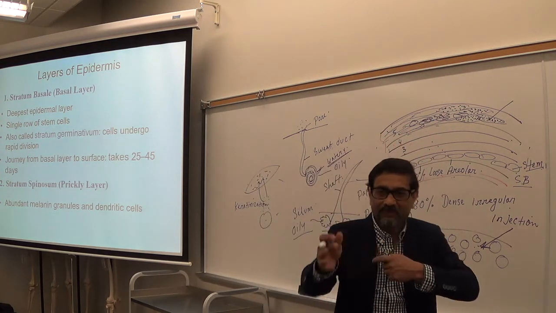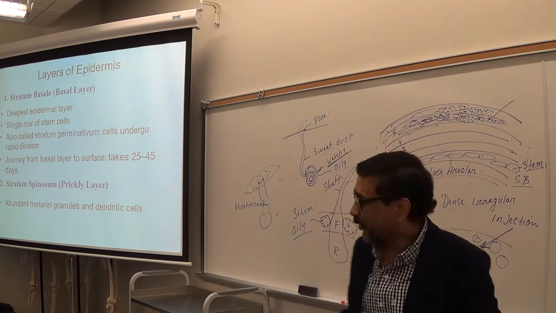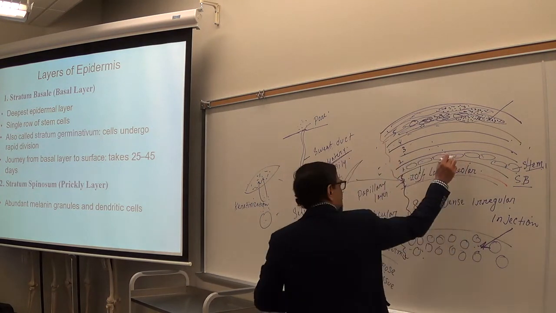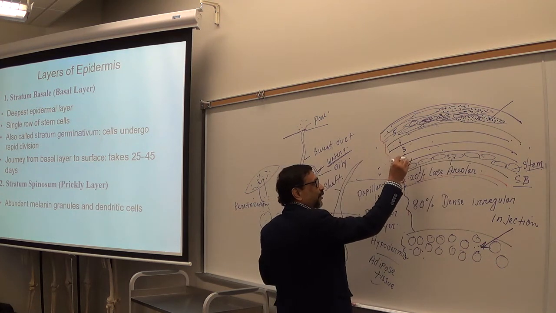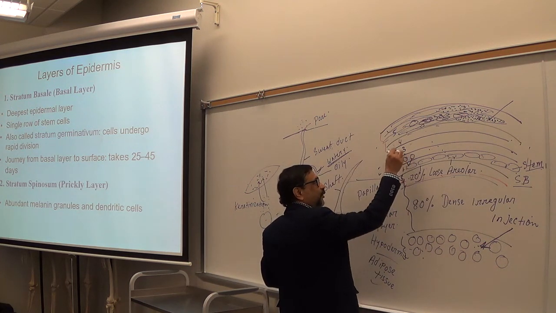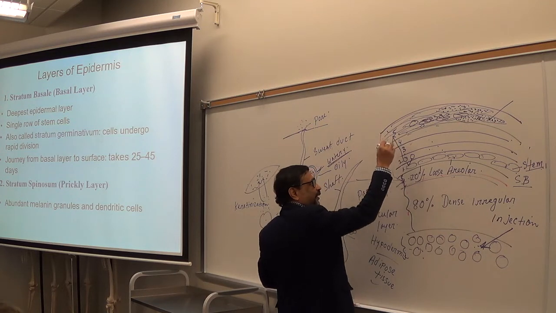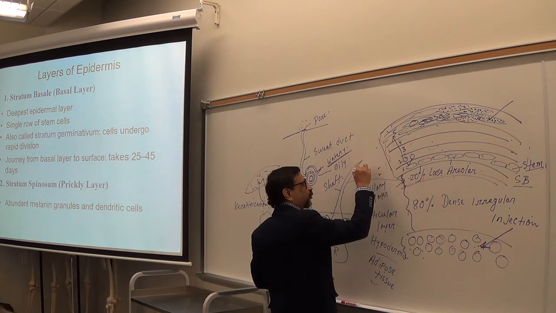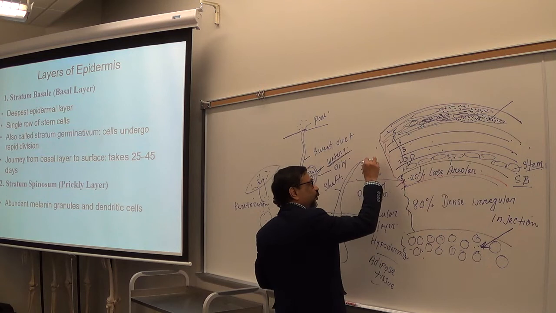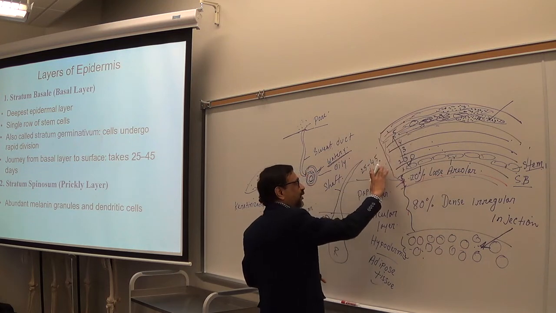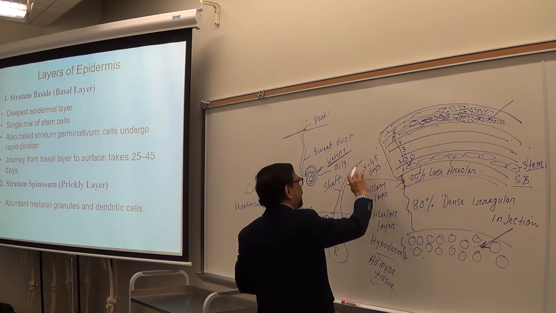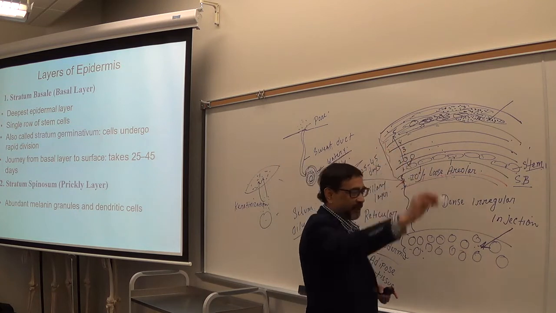So you need to create new cells. So from the innermost layer of epidermis, these stem cells produce new cells, and the new cells start to move up. It takes about 25 to 45 days for a new cell to reach the outermost layer. Okay? So that's the journey.